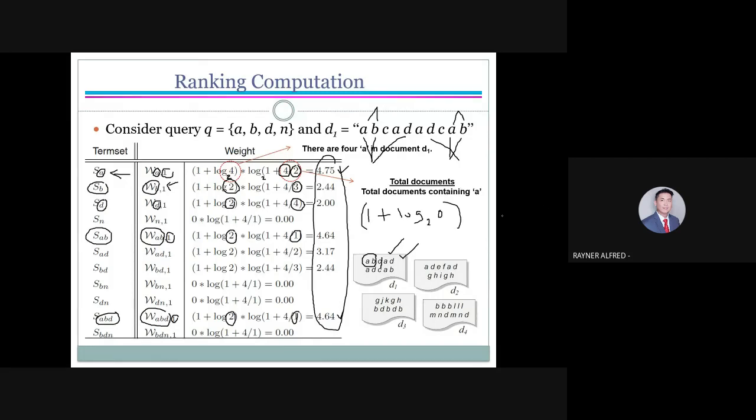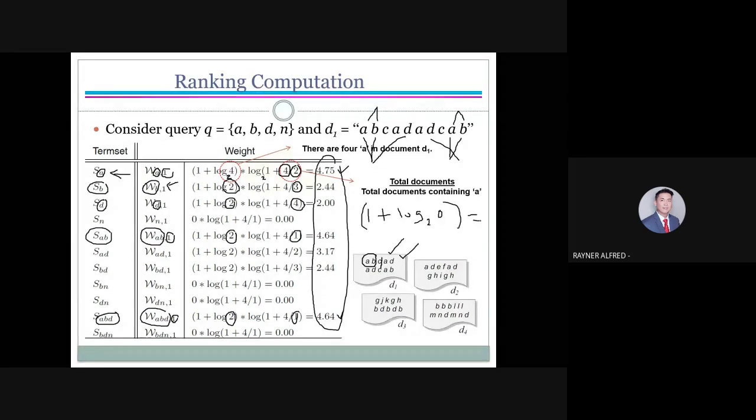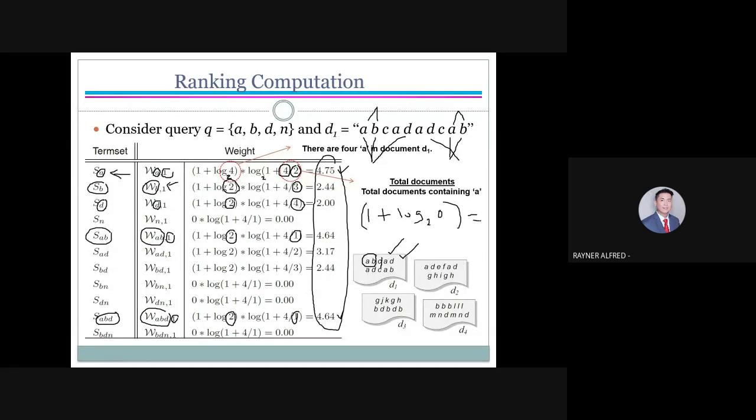So this becomes 0. What is this value? Anyone can try?